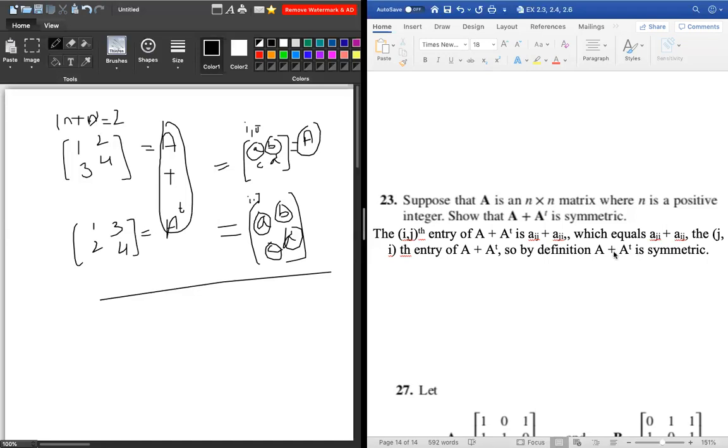Therefore, by the definition of symmetry, A plus A transpose is symmetric.